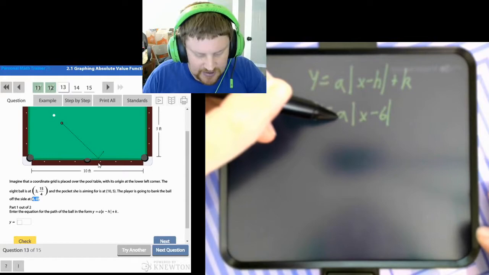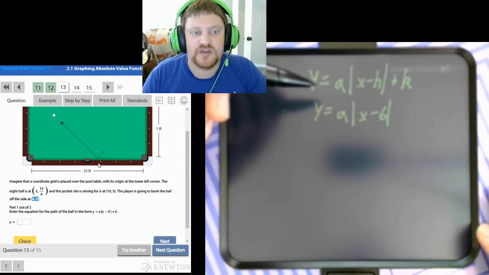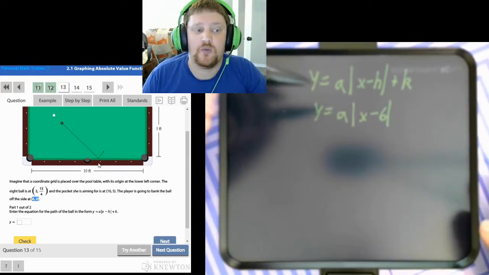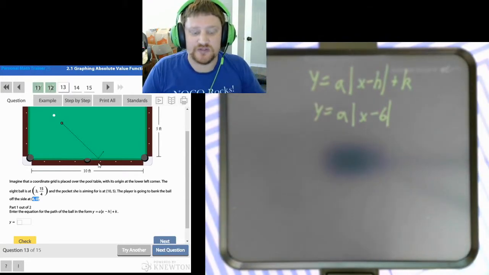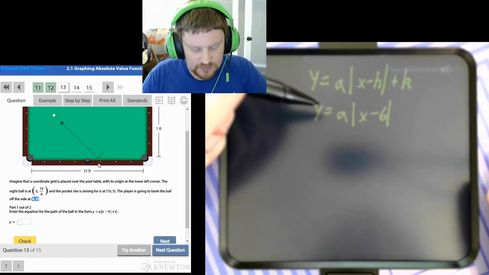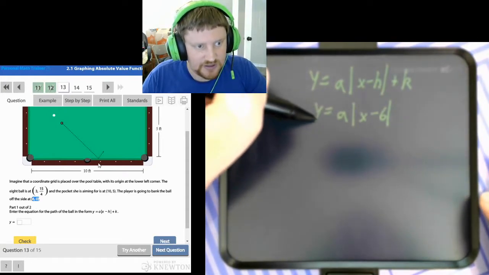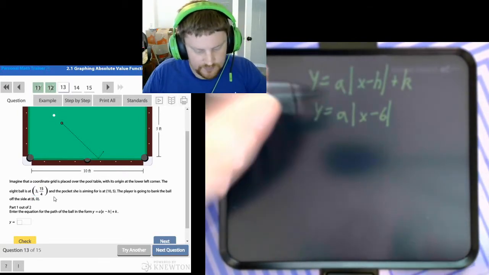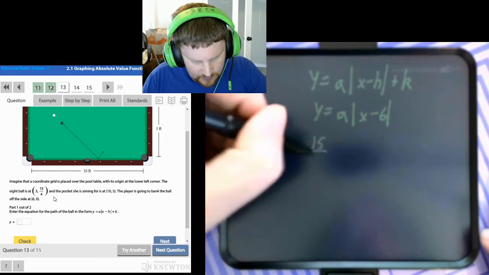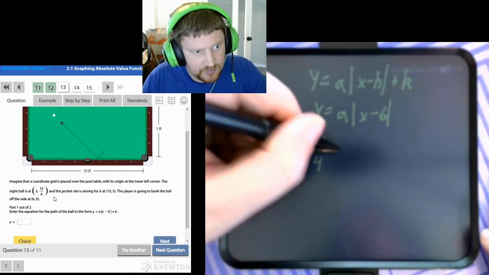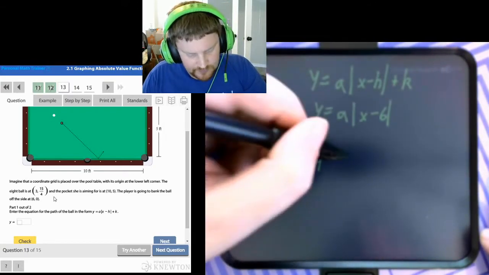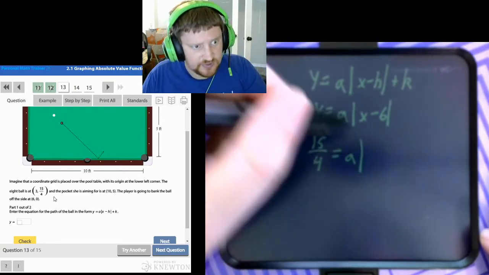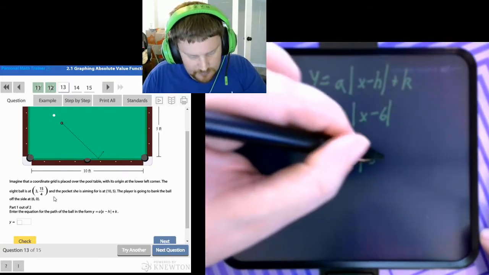Now we have to get our a value. This time I'm going to do it the other way, the way that the textbook wants us to do it, just to give you guys a better feel for how it works. So let's go ahead and plug in the other value that they give us, which is 3 and 15 over 4. So we have 15 over 4 equals a times our x is 3 minus 6.